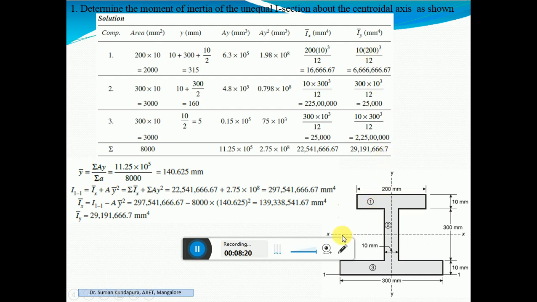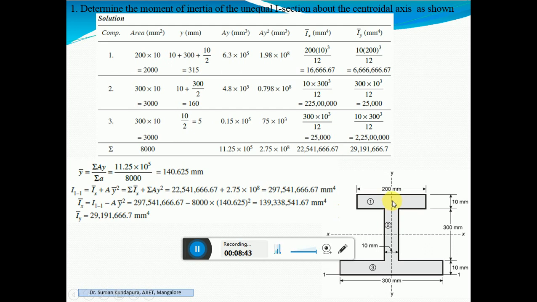But it is not symmetrical about the x-axis, that is why I will be taking a reference axis 1-1 here. Only for this I will be taking the reference axis 1-1. From here you will be calculating the y distances. So for the first figure, the rectangle, 200 into 10 is the area.